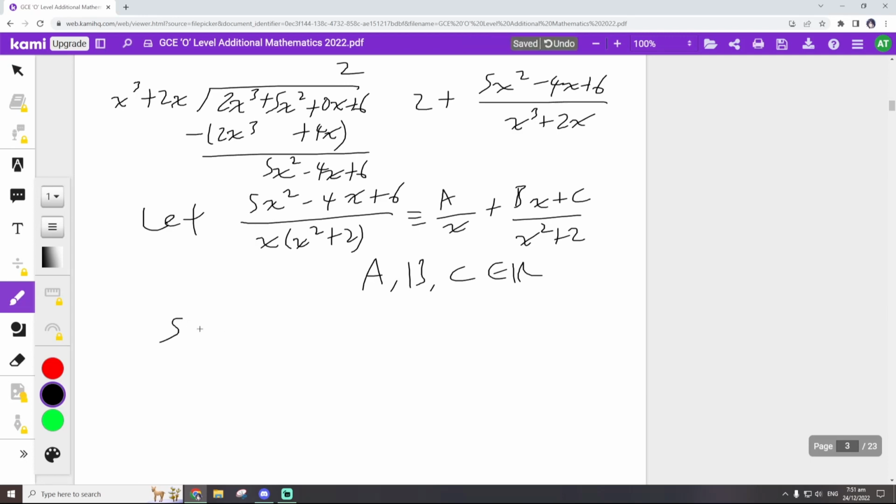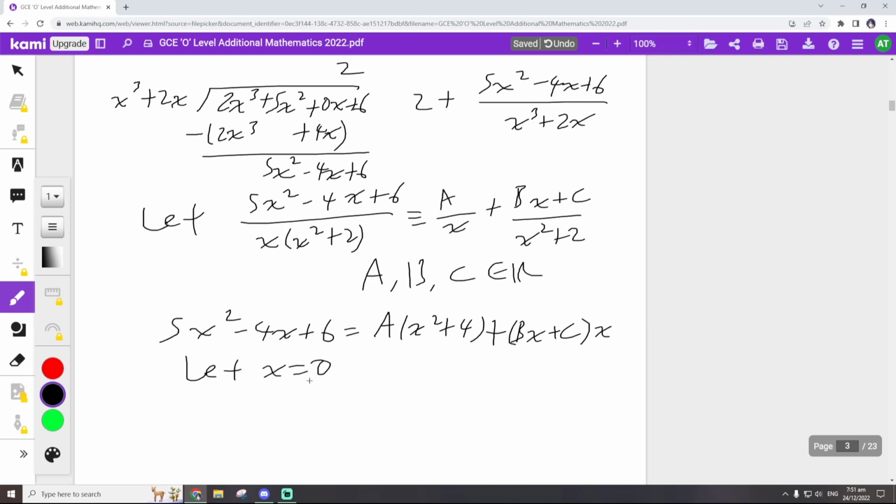So let's do the substitution method. 5x squared minus 4x plus 6 equals A times x squared plus 2, plus Bx plus C times x. One of the ways we can solve is to start by letting x equal 0, to get rid of the Bx plus C term.